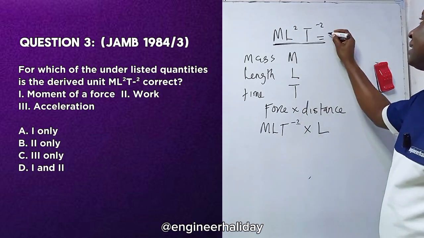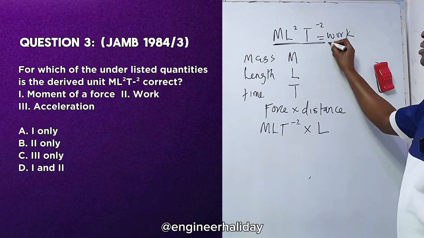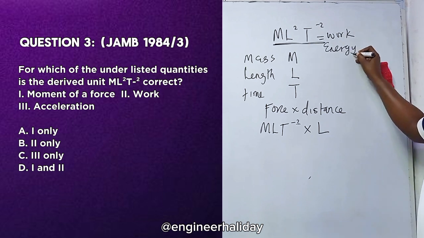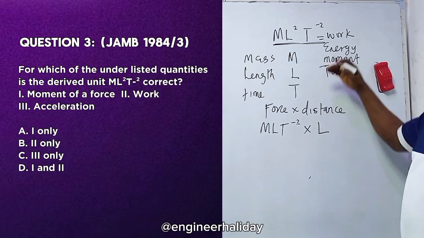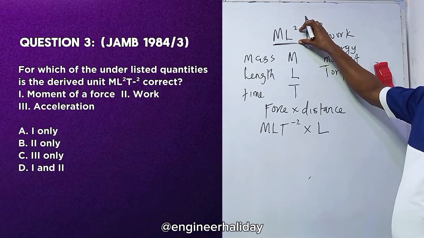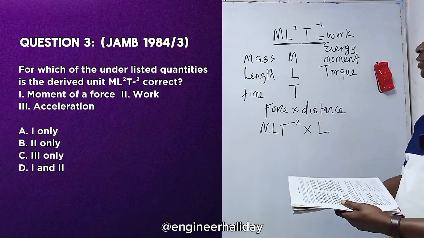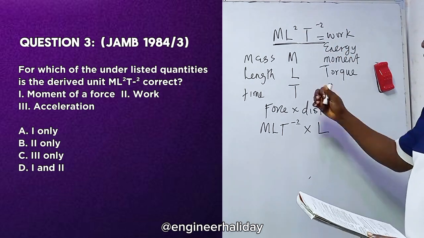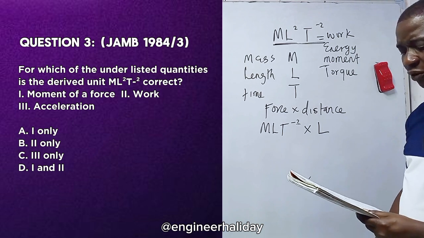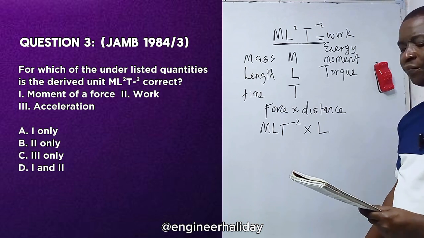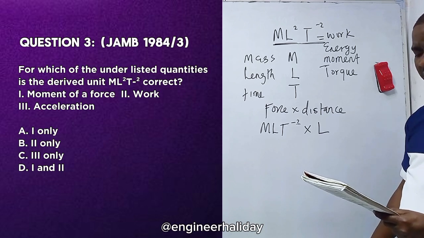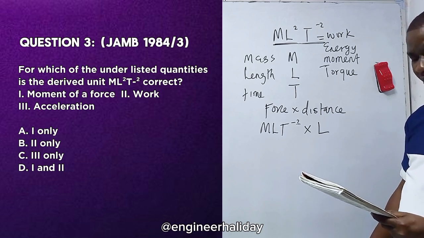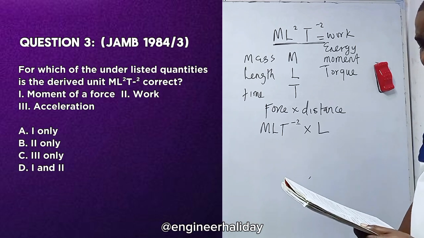And force times distance is talking about work, or energy. It's also the dimension for moment, and for torque. So four of them can have this particular dimension. So Roman figure 1 is moment of a force. Yes, correct. Roman figure 2 is work, which is correct. Roman figure 3 is acceleration.